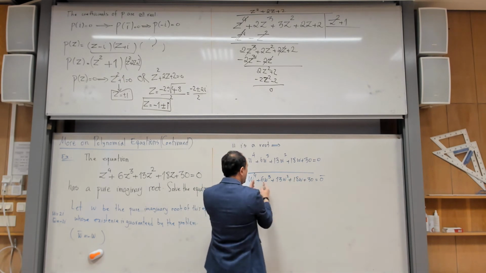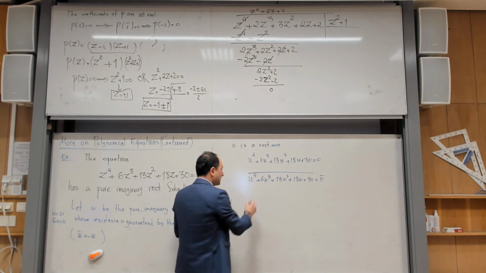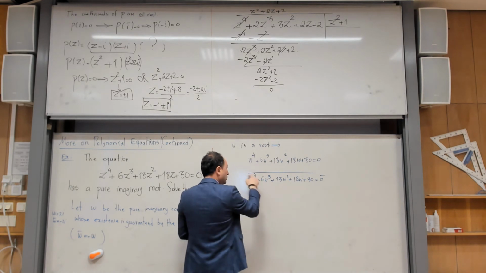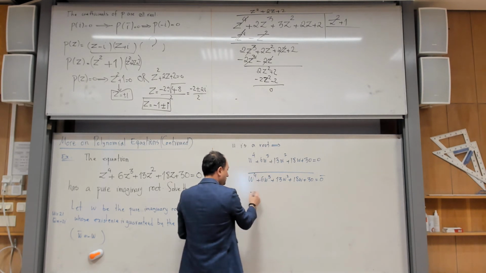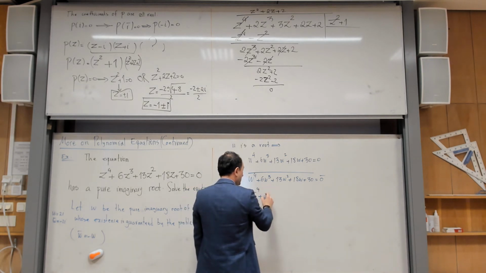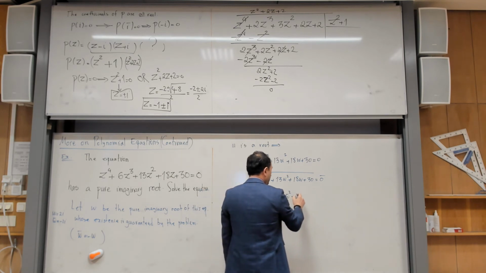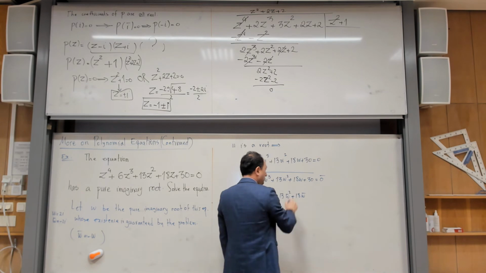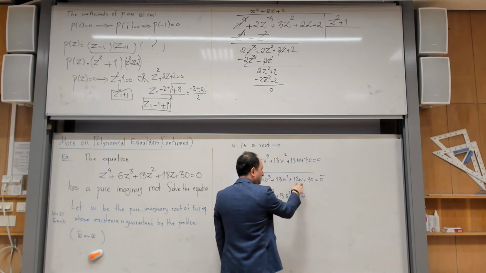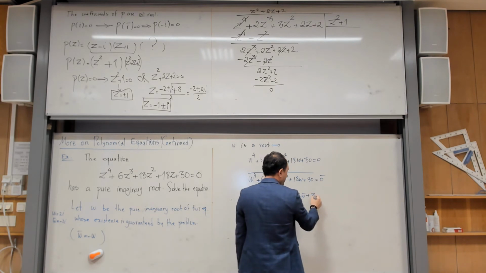This bar can be decomposed into bars, and then it goes to W's. So this becomes W bar to the power 4, and for the same reason this becomes 6 W bar 3, 13 W bar 2, plus 18 W bar. Of course, 18 bar is 18, and 30 bar is just 30, and 0.